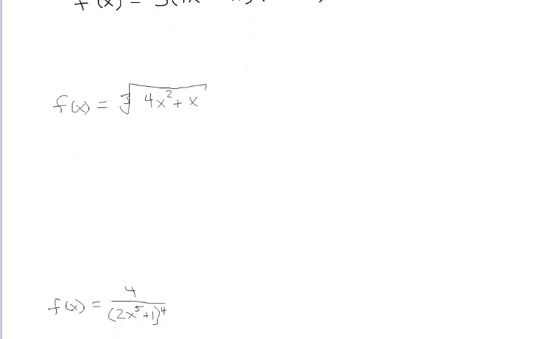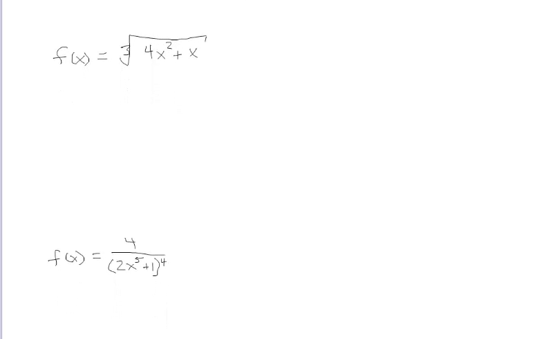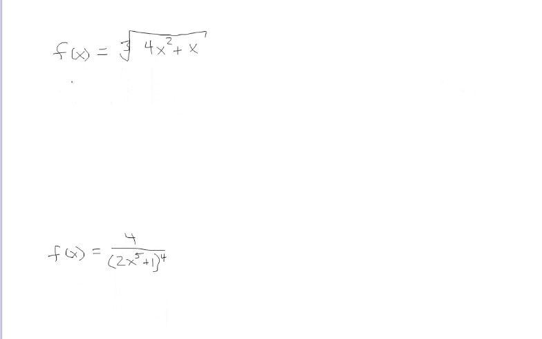For the second example, we actually here are going to need the chain rule, but we need to rewrite it in a way that we can see it. So again, we're going to rewrite the function first, and we're going to say that this is 4x squared plus x raised to the 1/3. And now we can see the use of the chain rule much better.